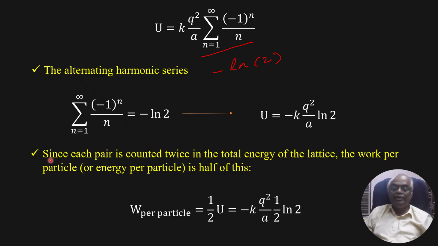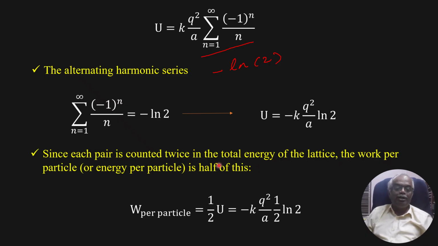Here it is very interesting, since each pair is counted twice. If you are taking the potential energy between 1 and 2, you are similarly taking 2 and 1. That is twice. 1 and 3, 3 and 1. So you are always counting twice in the total energy of the lattice.